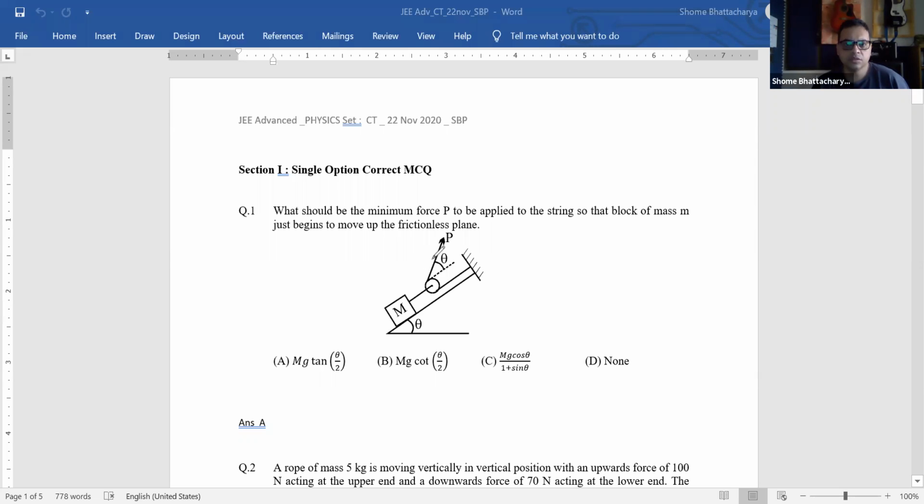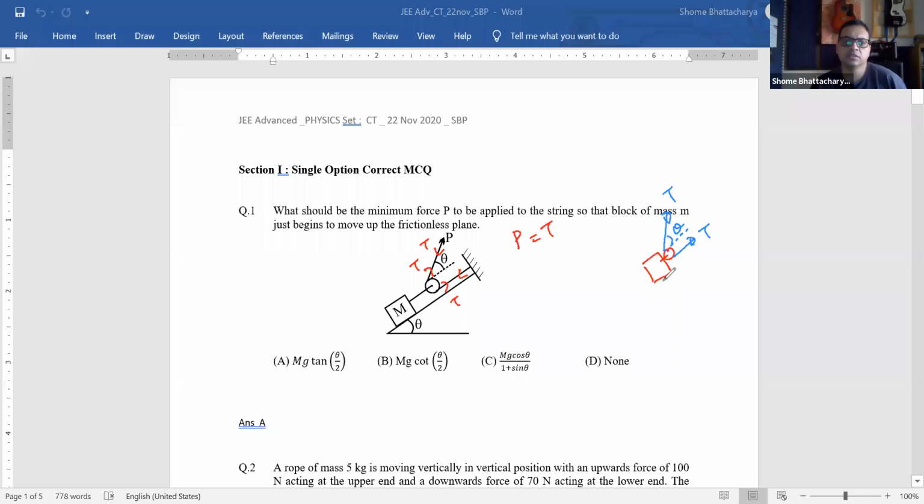So let's go through this. So here you can see that whatever force P you're applying, that becomes equal to the tension in the thread. Okay. So when you make the free body diagram of the block, remember the pulley is attached to it as part of the block. So the forces acting on this are this tension along the inclined plane and this tension at theta.